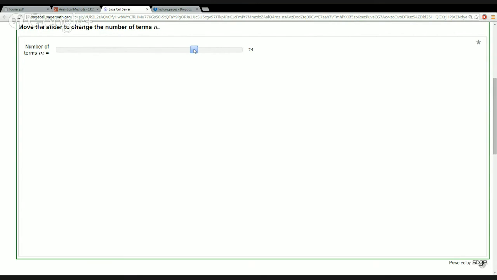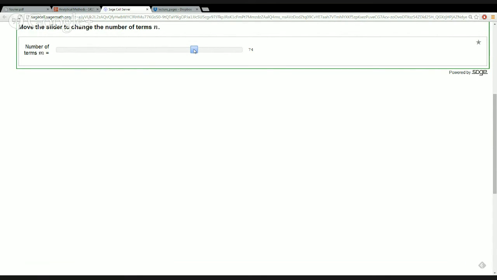If you keep on increasing the number of terms, those waves near the point of discontinuity are getting squashed closer and closer to the origin, x equals 0.